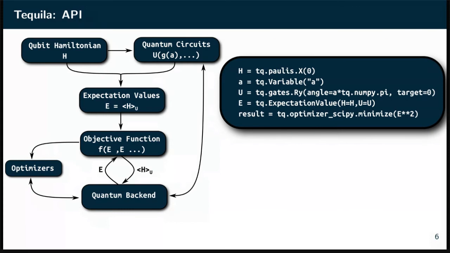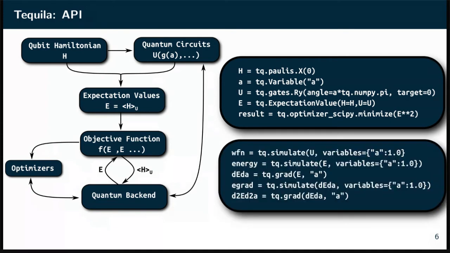What it should show you a little bit is that we tried to have this blackboard-to-code equivalence here. If you decide to minimize the square of the expectation value, you can just square it in code language, and this is basically what you get. If you want to take gradients, that works in the same way.